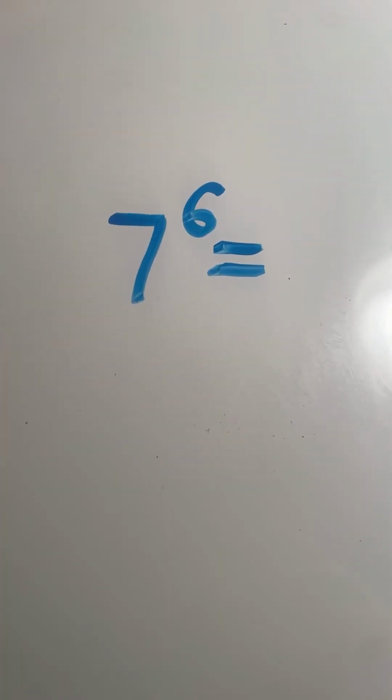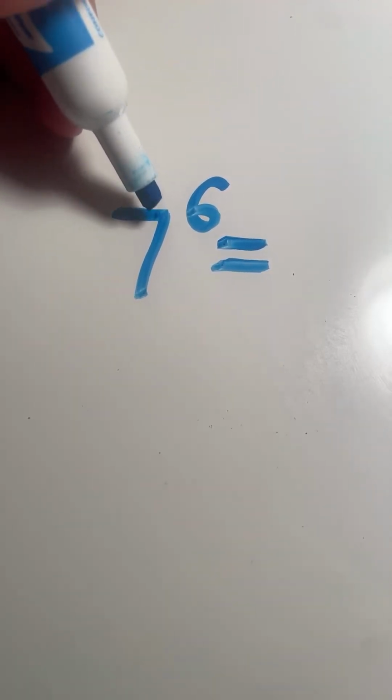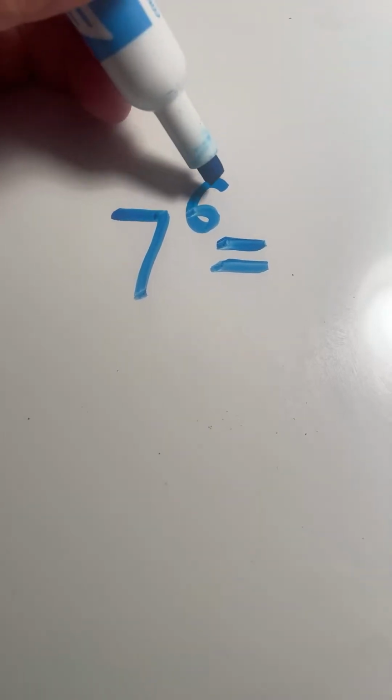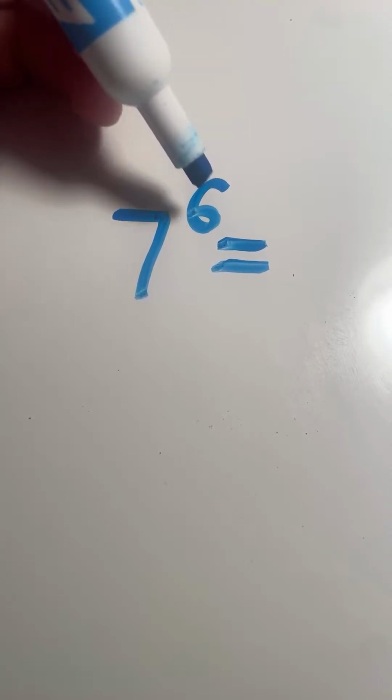So exponents, powers of 10, that is simply repeated multiplication. When we see a number like this, the base number is what we're multiplying, and the power, the exponent, is how many times we're multiplying that number.